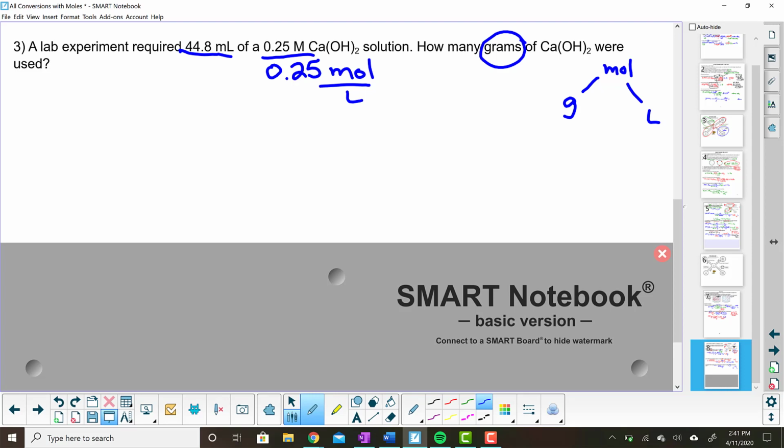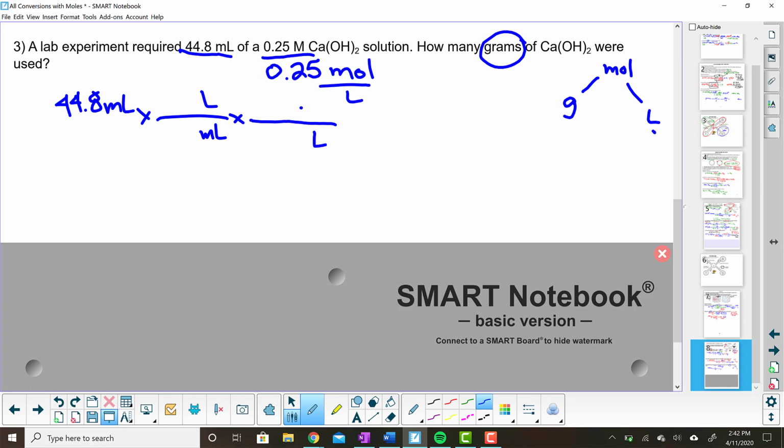If I need to get to grams, I have to start in liters. But I have milliliters. So 44.8 milliliters. Before I even do anything, I have to convert to liters. Milliliters, liters. I'm just going to go ahead and keep stringing this skeleton along. Once I'm in liters, I have to convert to moles.